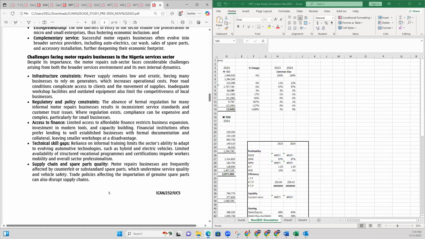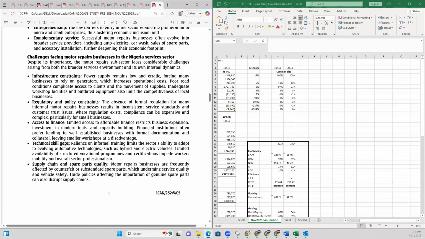Regulation and policy constraints. The absence of formal regulation for many informal motor repairs businesses results in inconsistent service standards and customer trust issues. Where regulation exists, compliance can be expensive and complex, particularly for small businesses. Access to finance.